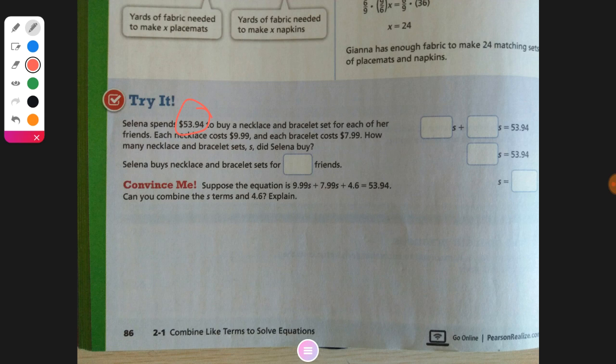Each necklace costs 9.99 US dollars. So for one necklace, she has to pay this number. And each bracelet costs 7.99. For just one bracelet, she has to pay this amount of money.